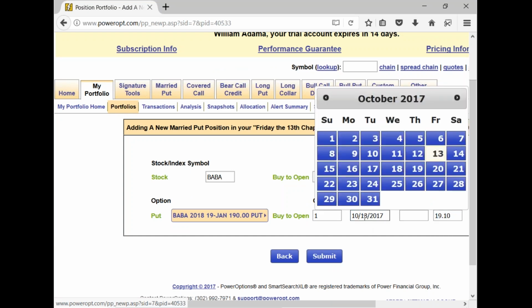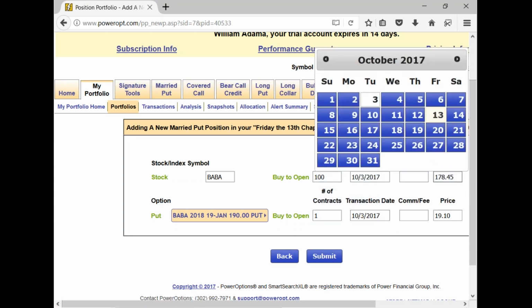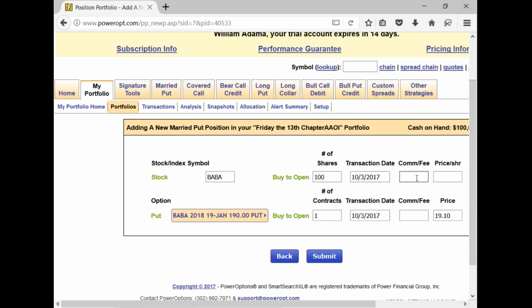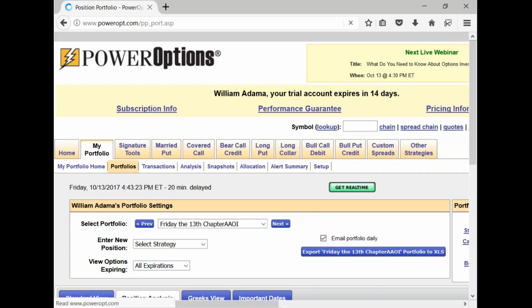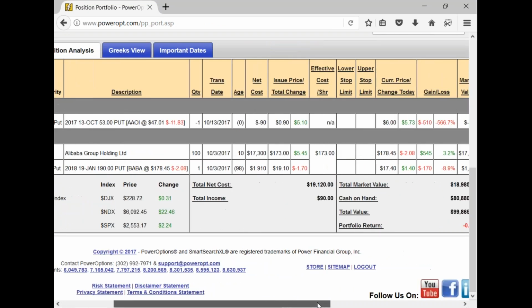I don't remember the exact date. Let me think about this. Nope. It was 173. All right. So he did a shorter term put, and he only went out to January with the married put.